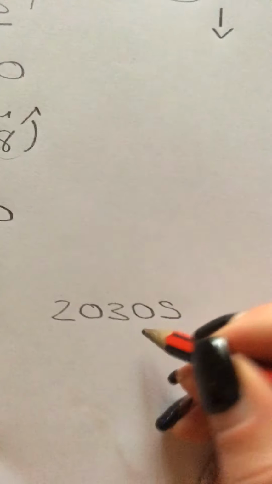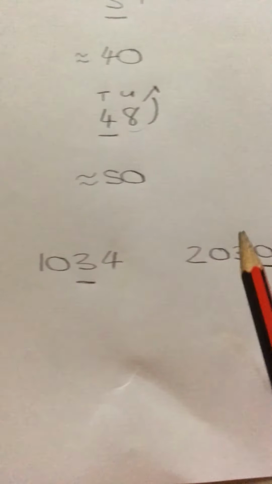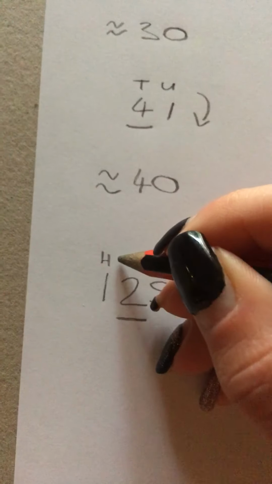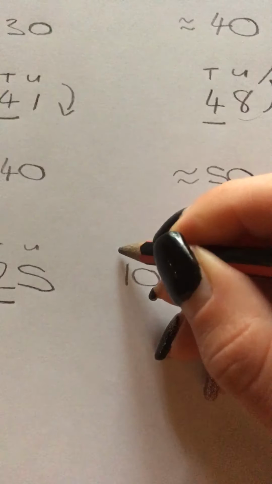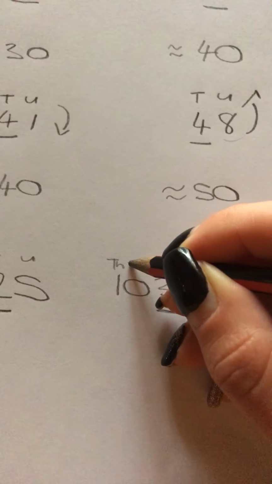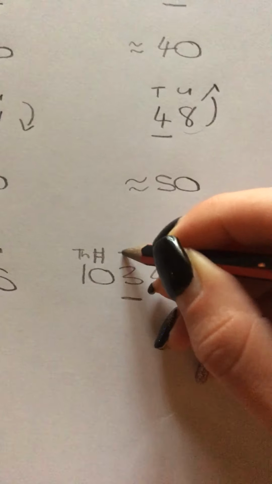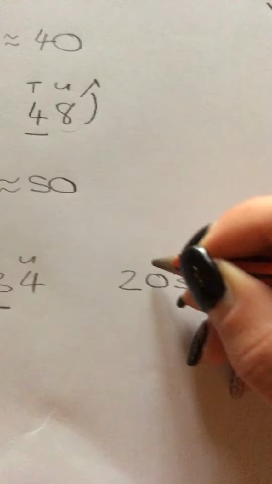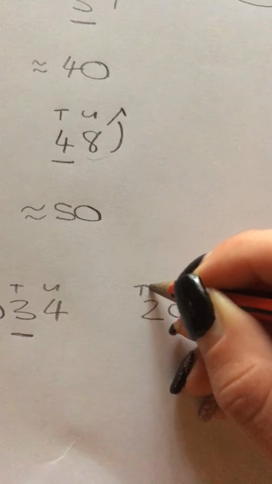We're rounding to 10. Where's my 10? There is my 10. It doesn't matter how many numbers are before it, whether we have hundreds, tens, units, thousands, or ten thousands.